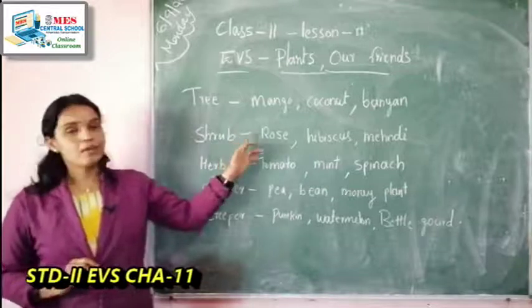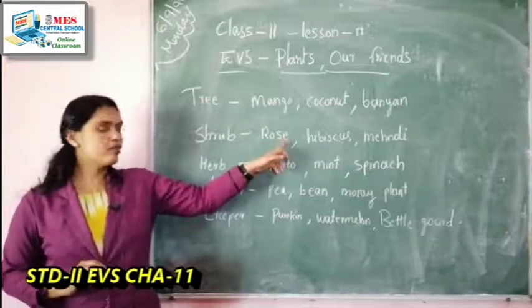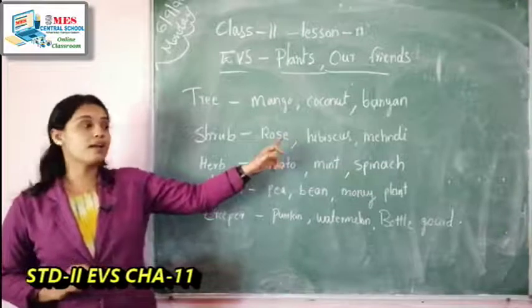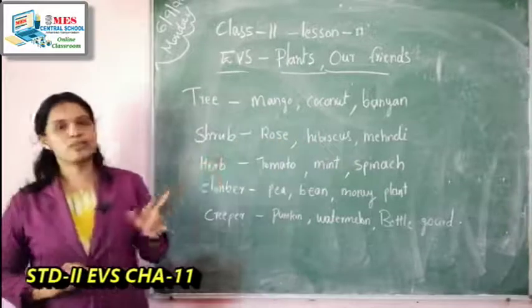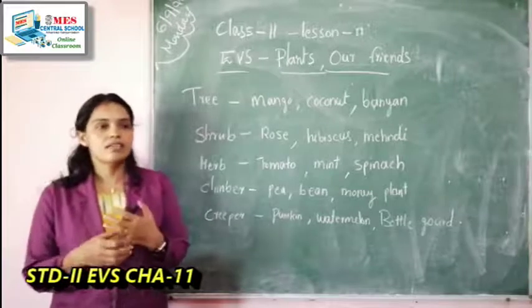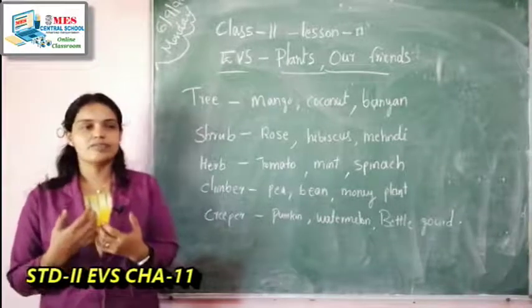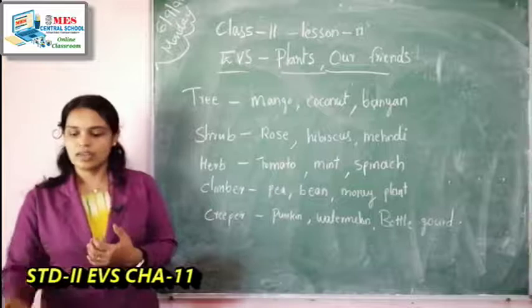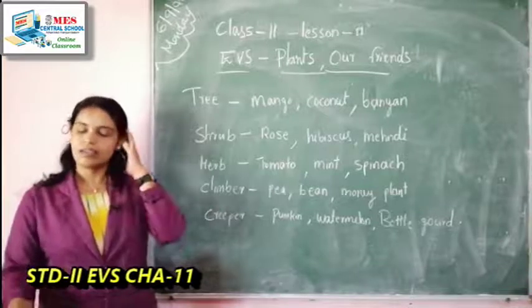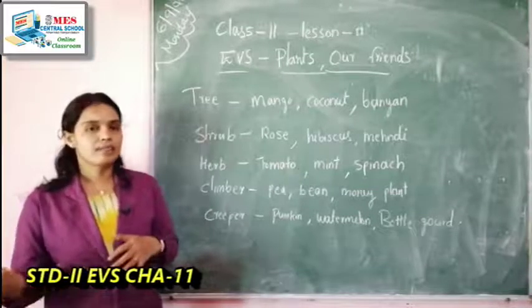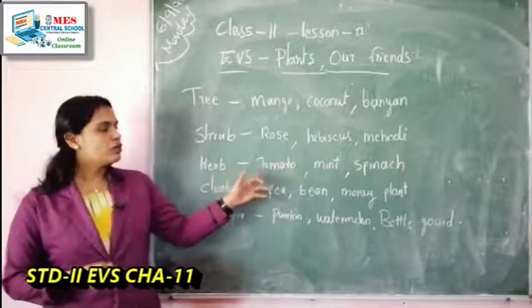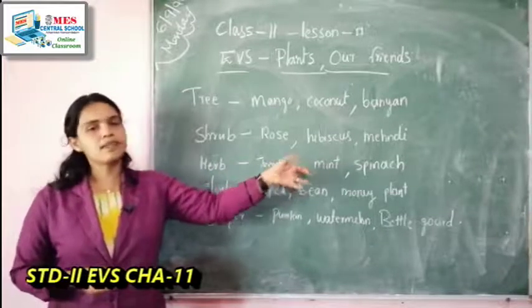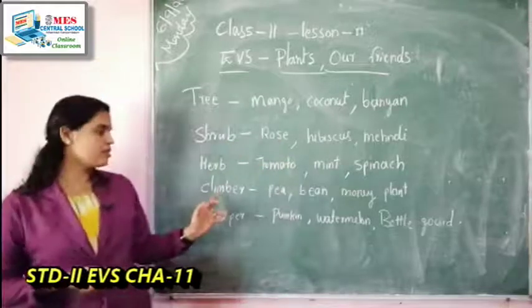Examples for shrubs we are familiar with: rose plant, hibiscus, mehendi. Then herbs have a very soft stem. Examples for herbs: tomato, mint, spinach.